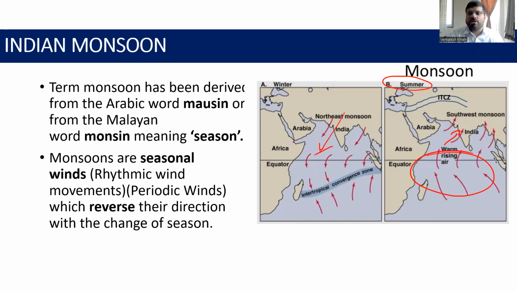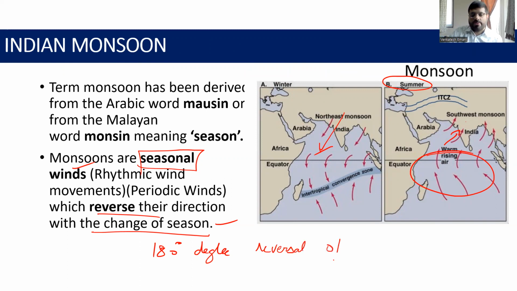So water to land, land to water. This is a simple explanation of monsoonal winds. They are called seasonal wind systems, which reverse their direction with a change of season, right? So remember one thing: monsoon means season, and the characteristic thing is the 180-degree reversal of winds. Not just that, it has so many other characteristics.